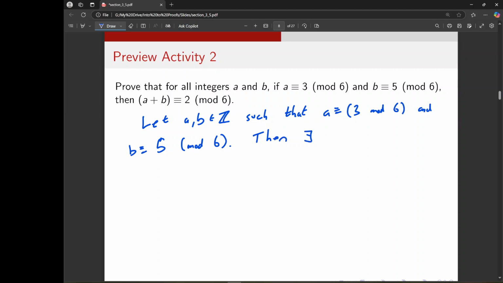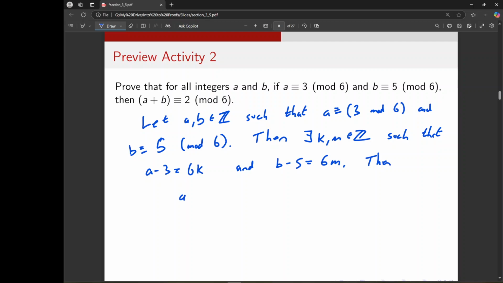Then there exist, I'm going to use the shorthand because we're just doing a quick little video here, there exist integers, what do I want to name them? K and M in the integers such that a minus 3 equals 6k and b minus 5 equals 6m.